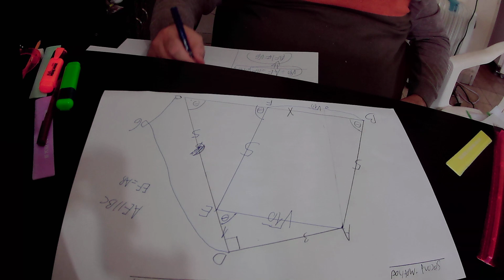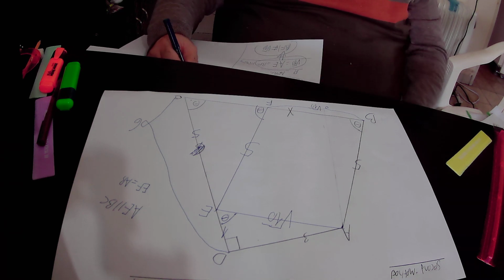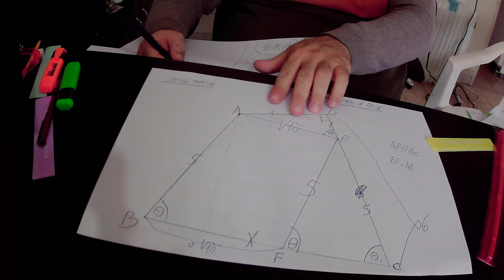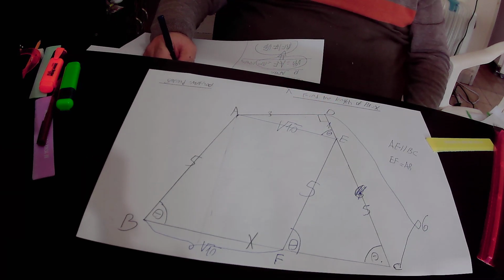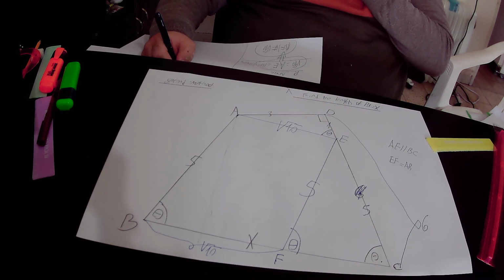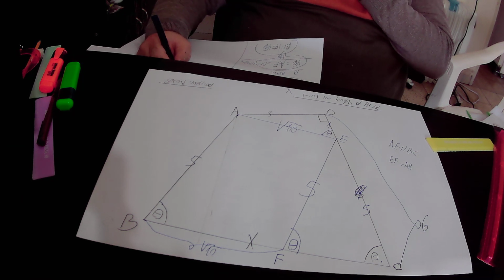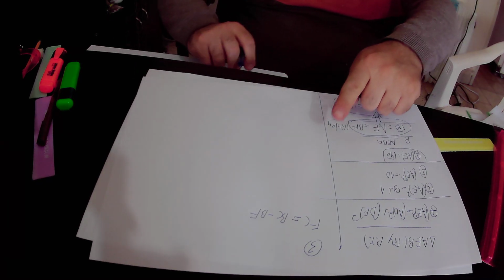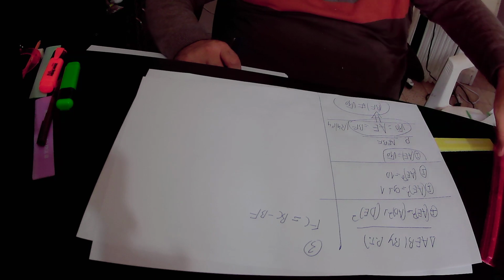So here FC, it is very easy to see from the drawing that FC equals BC minus BF.